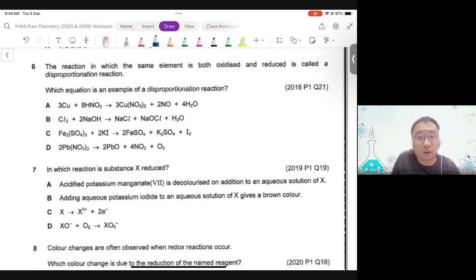So now let me launch the poll. You can find a poll for question 6. Now let's vote on question 6. Which one is disproportionation?